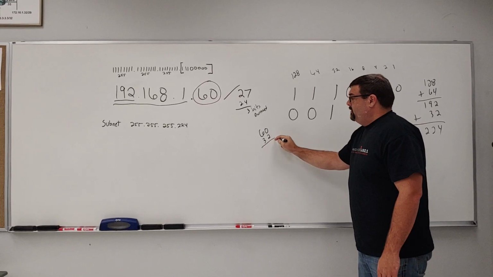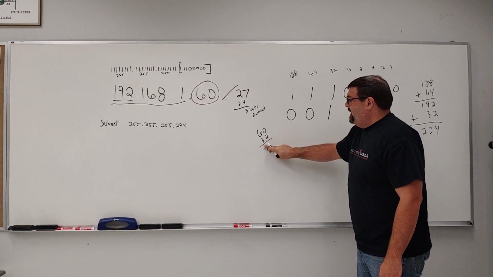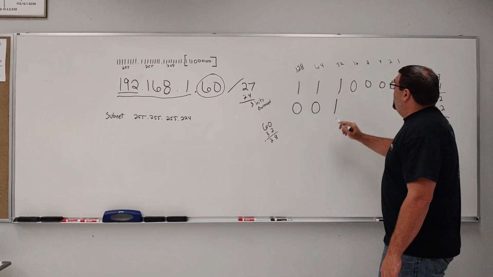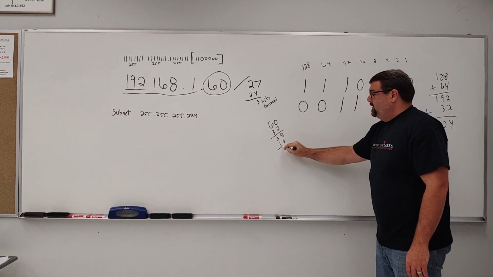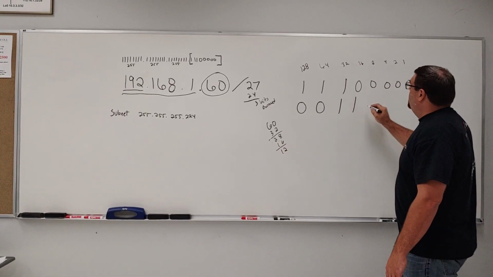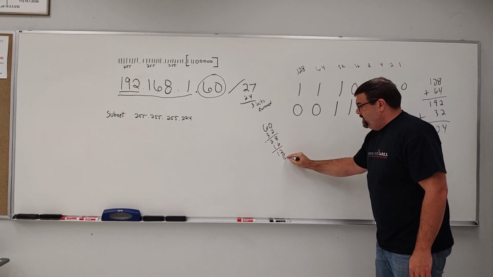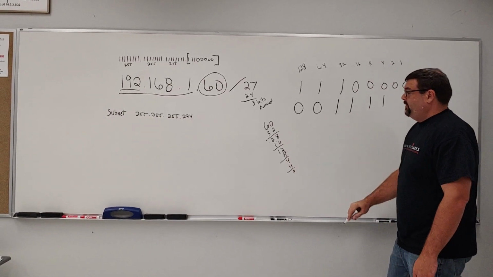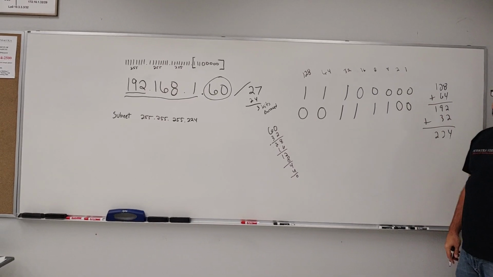So we subtract that, and that comes out to 28. Okay, 16 will go into 28. That leaves 12. 8 will go into 12, and 4 will go into 12. So 8, that leaves 4, and then 4, that comes out to 0. Which means 2 will not go into 0, and 1 will not go into 0.